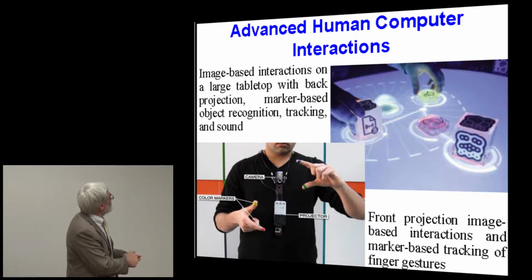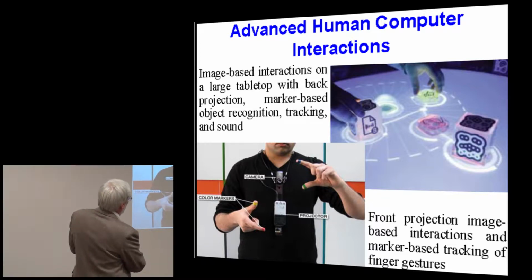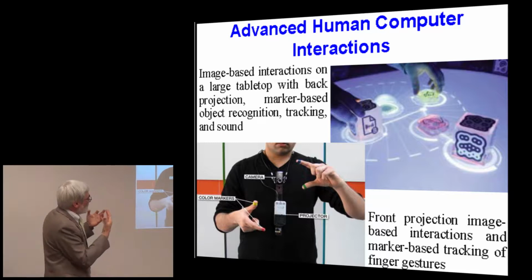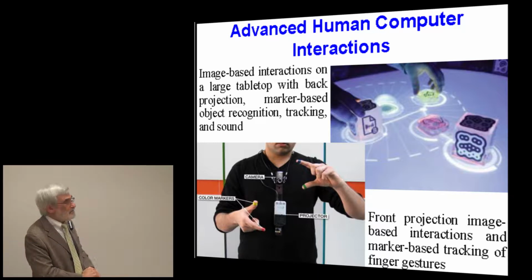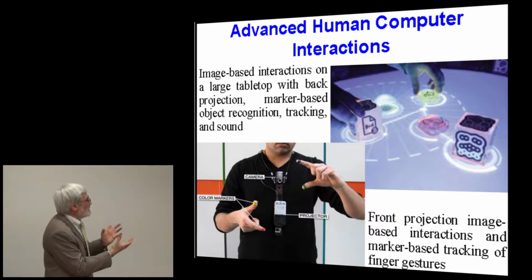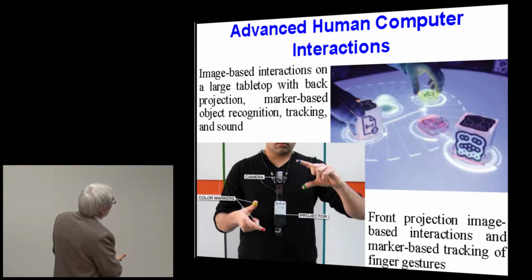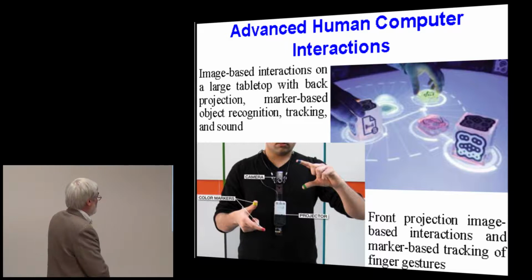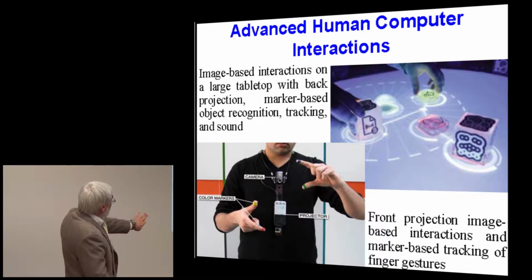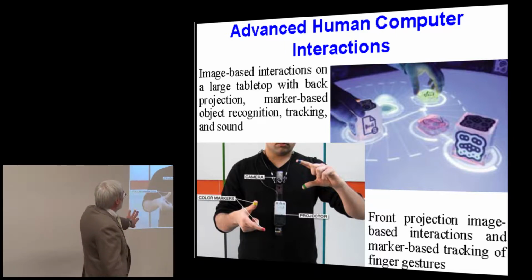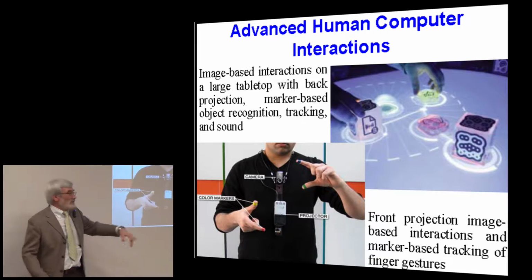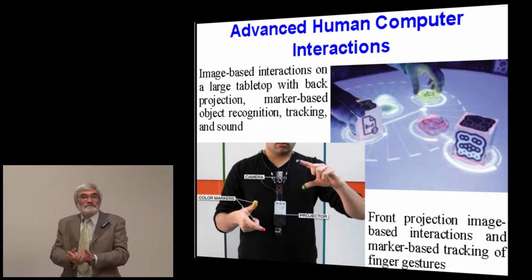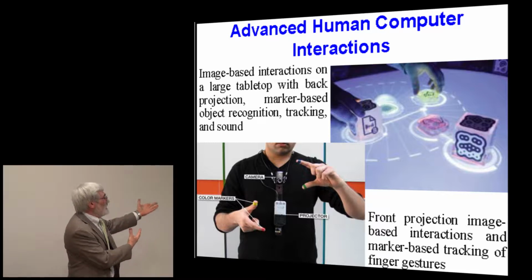So, advanced human-computer interactions. We try to control all these gadgets or enhancements in this augmented world by employing different kinds of interaction paradigms. For example, on the left side here, you can see somebody who has a camera and a projector, and he is manipulating some image which is nowhere.